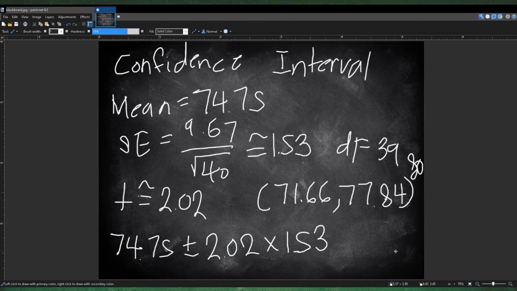To explain your confidence interval in words: I'm 95% confident that the true mean value of my test score is within the interval 71.66 to 77.84.